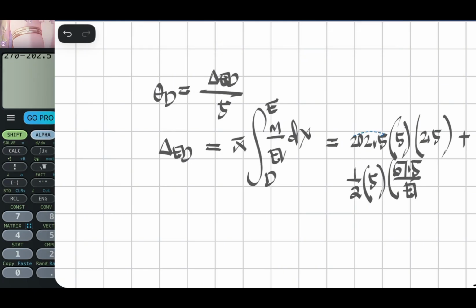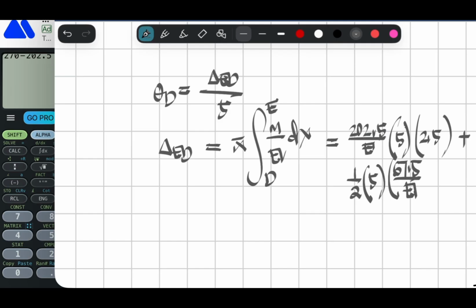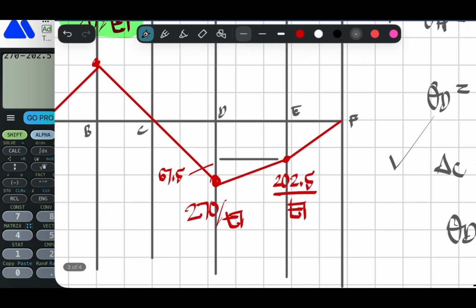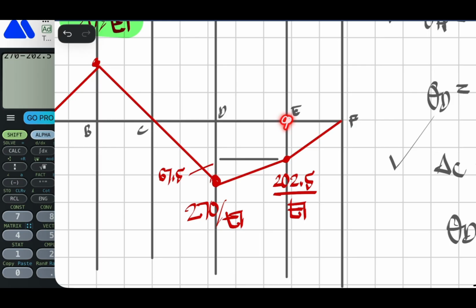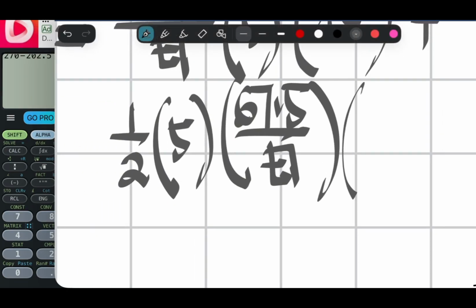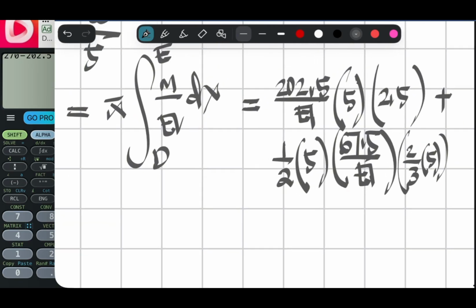For the triangle, the perpendicular distance to E is 2/3 of 5.